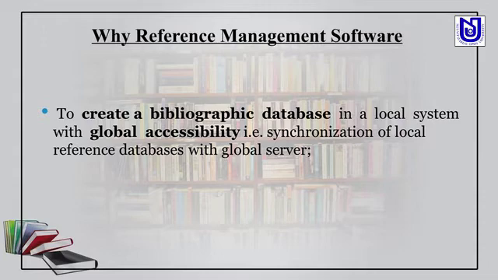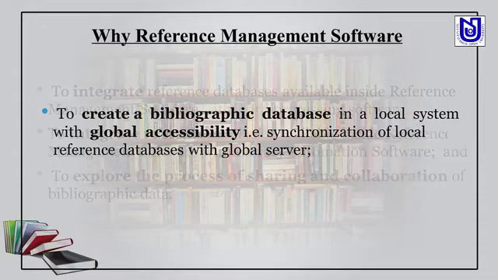One is centralized processing, another is global storage, and global accessibility also. You can use it globally. So we need synchronization of the local reference database with the global server, and this reference management software has it by nature.